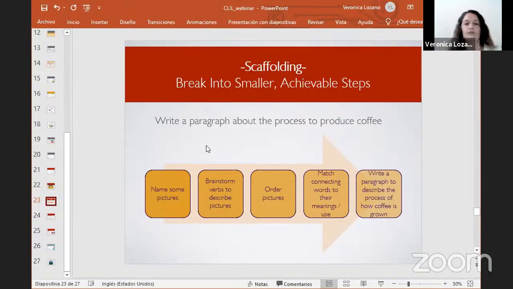Then you might want to show them a word bank with connecting words, how they are used, their meanings, so they can use them. And finally, they are ready to write their paragraphs to describe a process of how coffee is grown. See? So again, we have many different language items in one task. This task is divided in mini tasks, which creates scaffolding towards a more complex task.